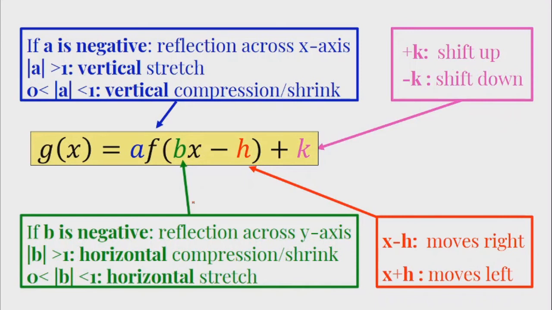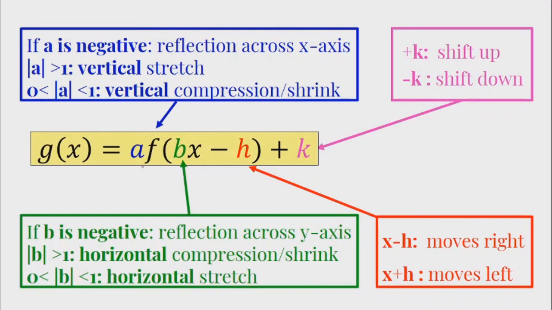You can put an absolute value function, rational function, cubic, cube root, logarithmic, exponential function, any type of function, linear function. All these parameters a, b, h, and k affect that function the same way. That is why when you learn transformation for one function, it's like you learn it for every other function. I want you to bear that in mind. This is a general form.